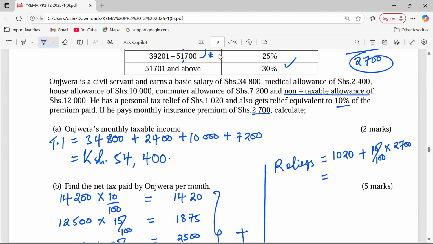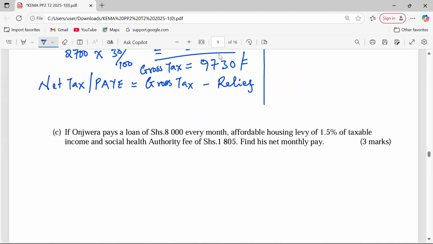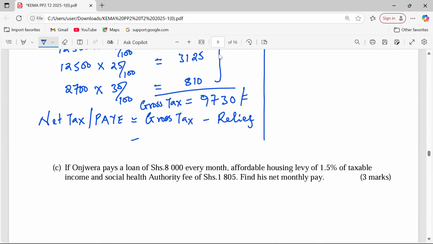So this will give us now total reliefs equivalent to, let me check, 10% of this, 270. So 1020 plus 270, this is equivalent to 1290. So in this case, now we shall get all the gross tax and we subtract 1290.